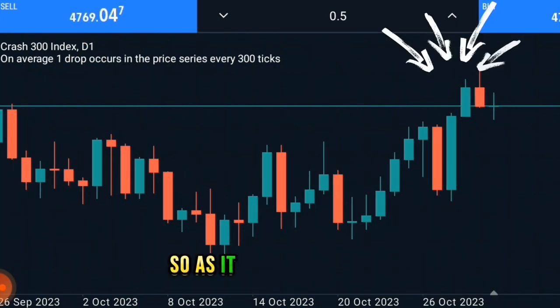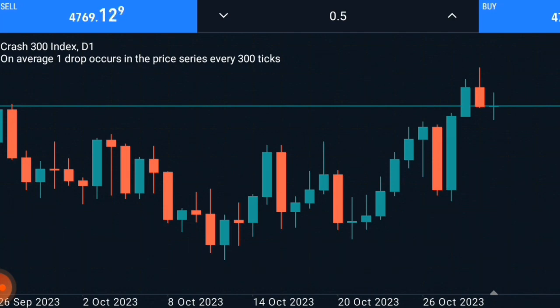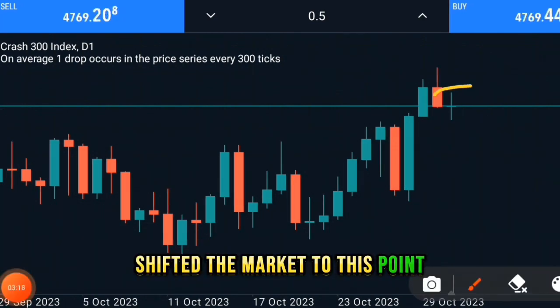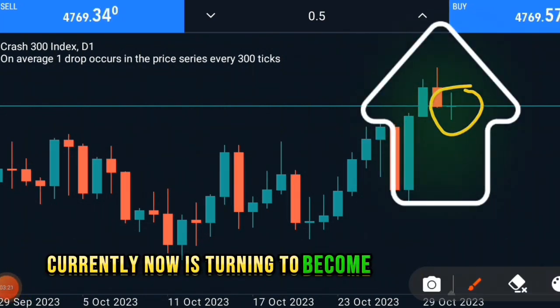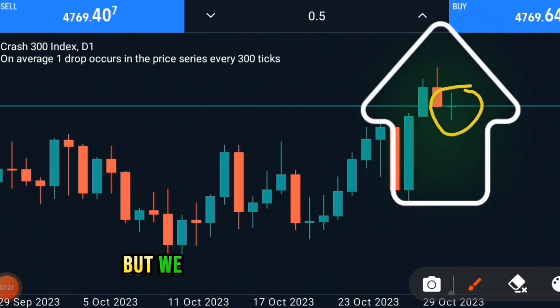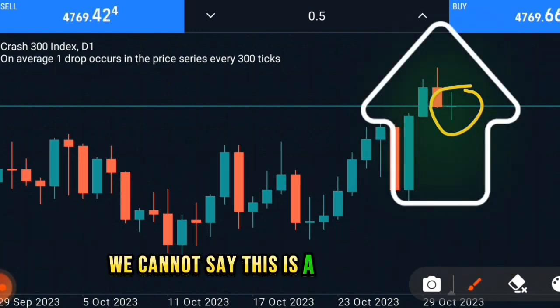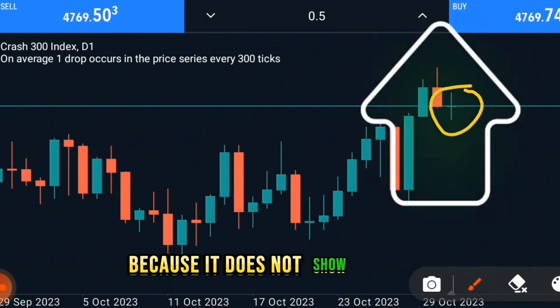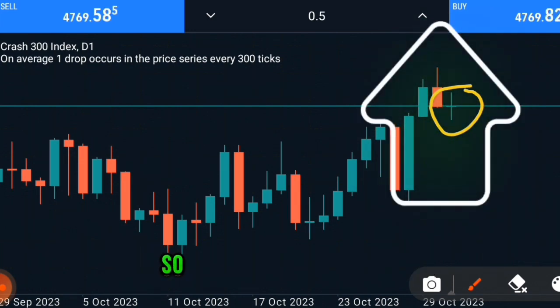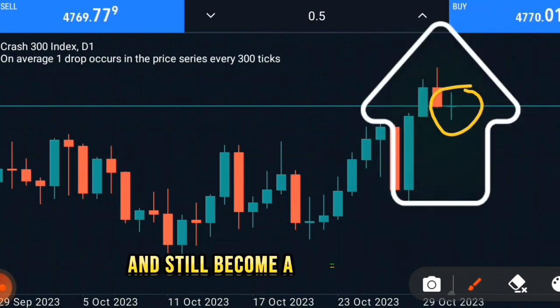So as it makes that move, it shifted the market to this point. Currently now it's turning to become a bearish candle, but we cannot say a bullish candle. We cannot say that this is a bullish candle because it does not show it at all. So a few minutes from now it can pull back a little bit and still become a bearish candle.